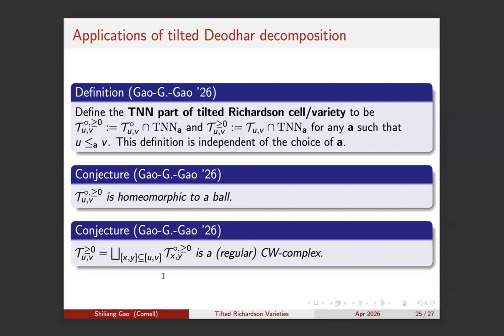And so we conjecture that this intersection will give us a regular CW complex, just like in the Richardson case proved by Galashin, Karp, and Lam.